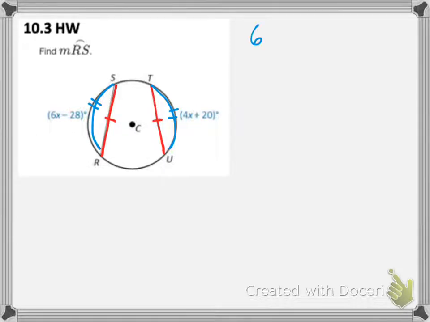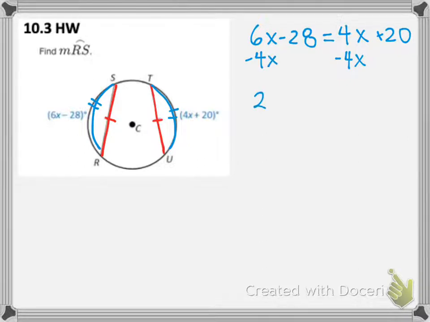So if they're congruent, we know that 6x minus 28 will equal 4x plus 20. Move the smaller x, so we get 2x minus 28 will equal 20. Add 28.